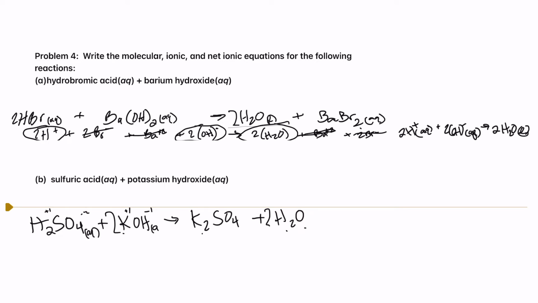To take a look and make sure we have enough hydrogens, we have 4 on both sides, we look good. 6 oxygens, we look good. So we're going to denote now that we have aqueous sulfuric acid, aqueous potassium hydroxide, aqueous potassium sulfate, and liquid H2O.